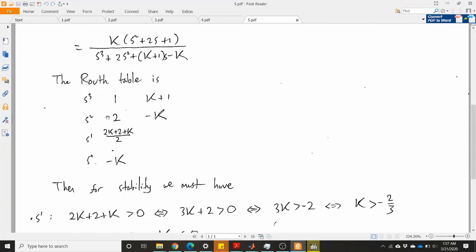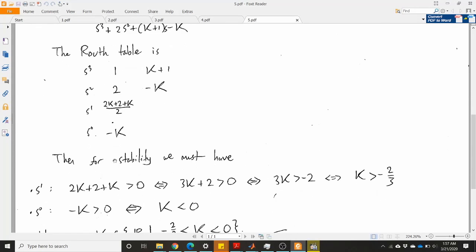For stability, we need the first column to be positive. So from this, minus k being positive is equivalent to k being negative. From the coefficient next to s1, we need 3k plus 2 to be positive, which is equivalent to k being greater than negative 2 over 3.